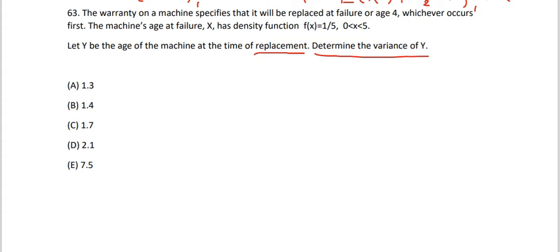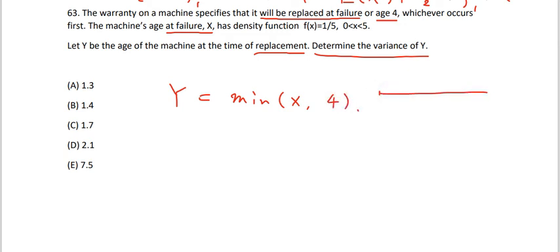So it will be replaced at failure or age 4. We let X be the age at failure. So the replacement time Y is the minimum of X and 4. Suppose X is from 0 to 5 here.